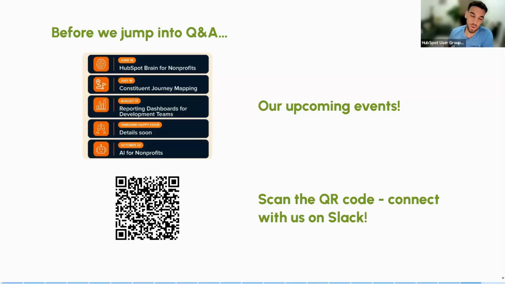Because Dora shared something kind of similar, I think that's something we can work into perhaps even our next session. So, constituent journey mapping, it's not directly tied to it, but kind of similar, where if payments come in, they're tied to different objects, how to go about setting that up.